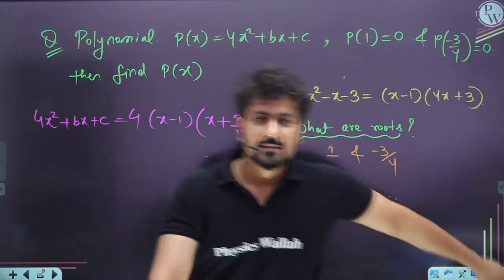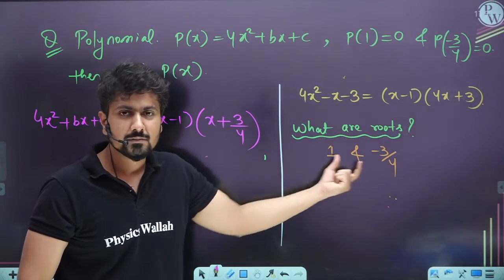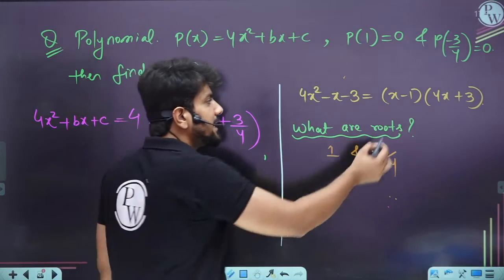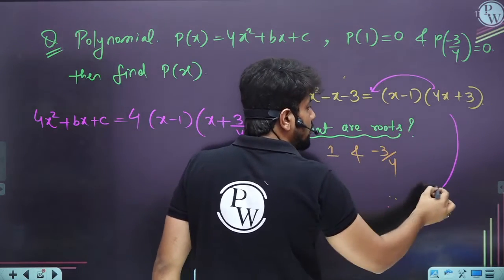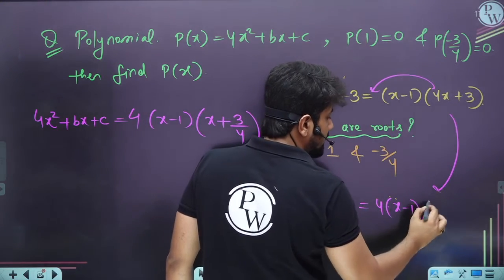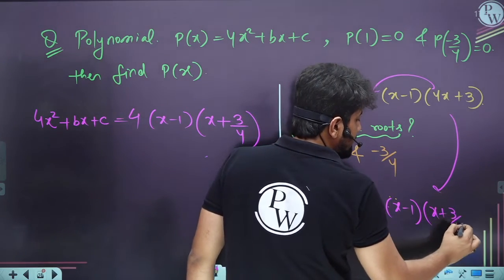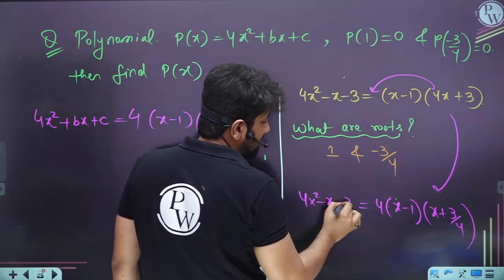Look over here. I told you these are the two factors. If I take 4 common, what do I get? I get 4 times x minus 1 multiplied by x plus 3 by 4. This is the expression 4x square minus x minus 3.